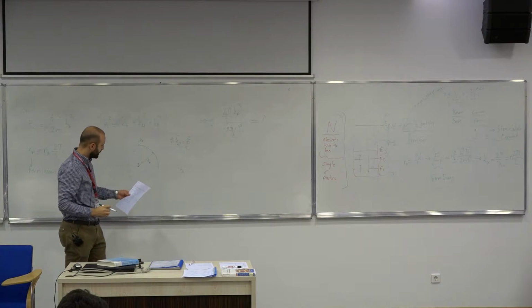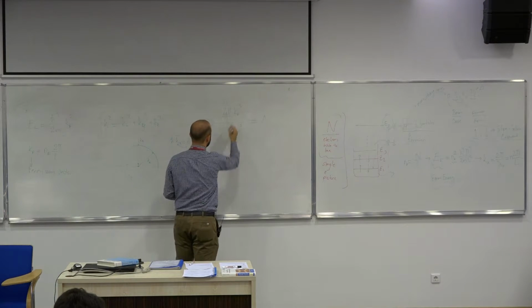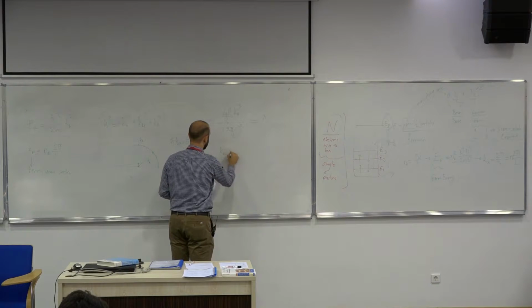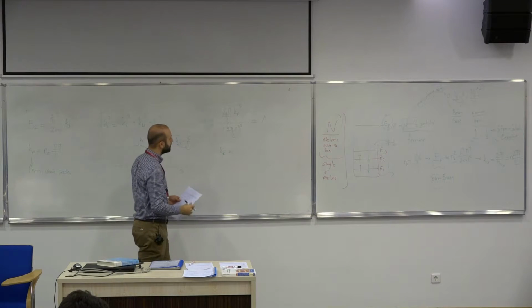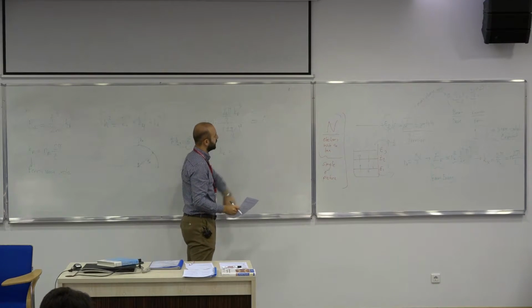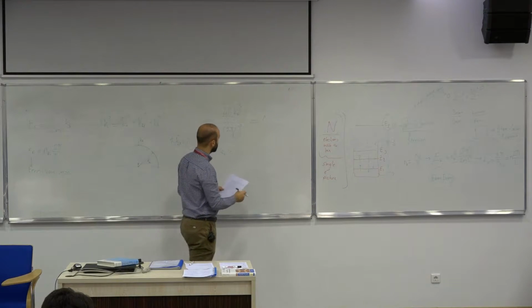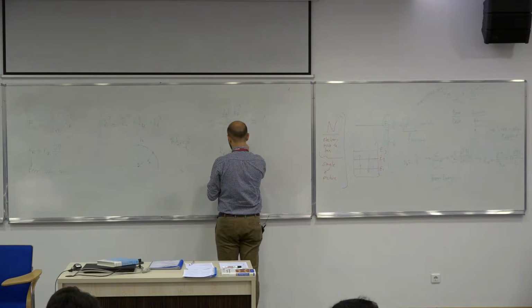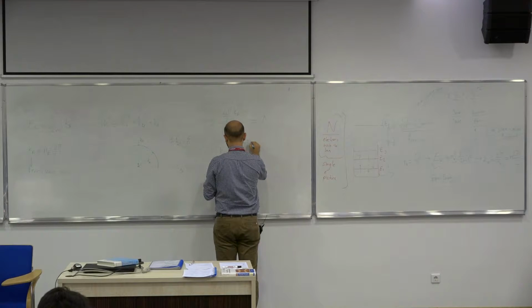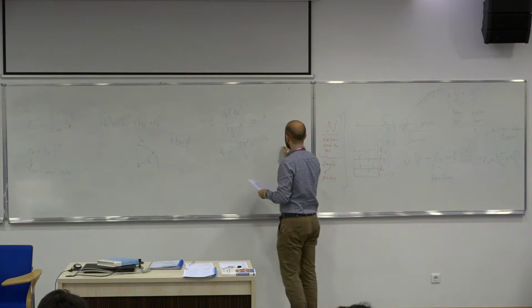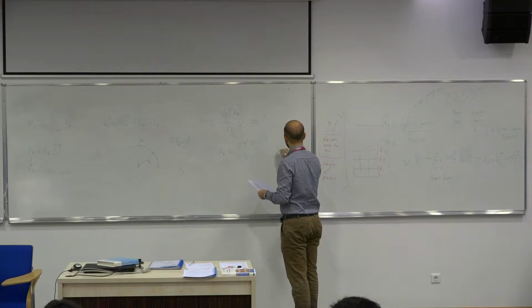Okay? Now I can write an expression for kf, because I know the number of electrons within this box. It is going to be (3 pi squared n over v) to the power 1 over 3. And here v is L cubed.